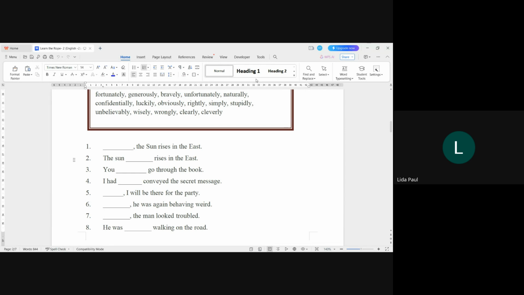Okay. And next one is unbelievably, he was again behaving weird. And unfortunately, right? Two things we looked at. Okay. Seventh one, dash the man looked troubled. Clearly. You can say clearly, the man looked troubled.